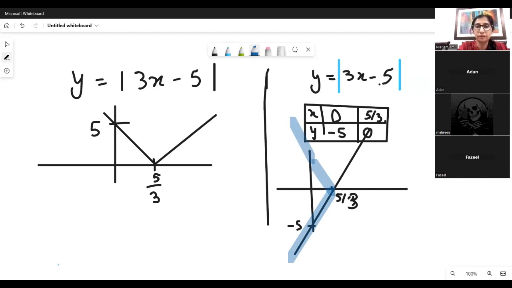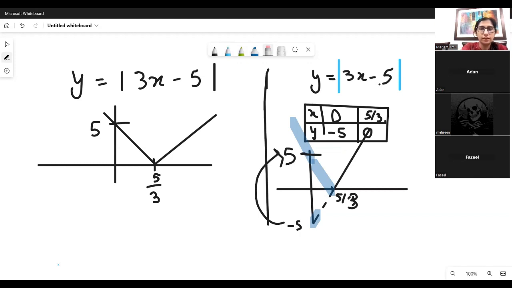You get a graph like this, and now your y-intercept is going to be 5. This 5 comes here. So the graph can be drawn this way as well. Then for the negative part of the graph, you can just make it dotted. That is not part of the actual graph, and the actual graph is the part above the x-axis, the graph that is above the x-axis. That is also one way of sketching a modulus function.